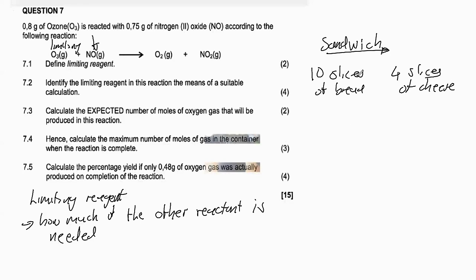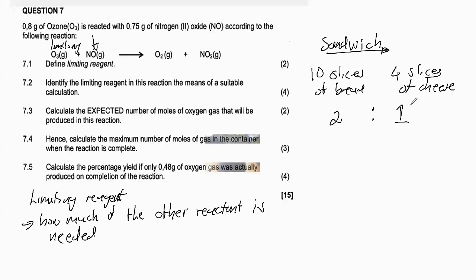Now, this sandwich that you are making, the ratio is that you need 2 slices of bread to 1 slice of cheese. Now, obviously, if you are looking at these 2 ingredients, you can tell that the number of slices of cheese will be the limiting reagent, since it will be the one to be first used up, right?